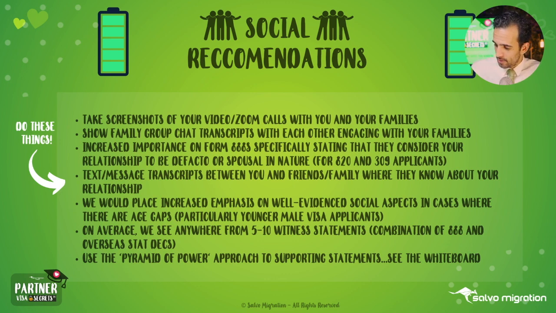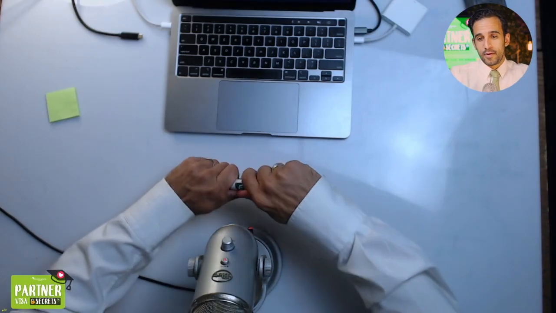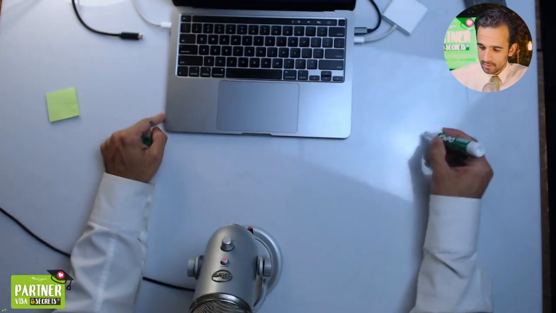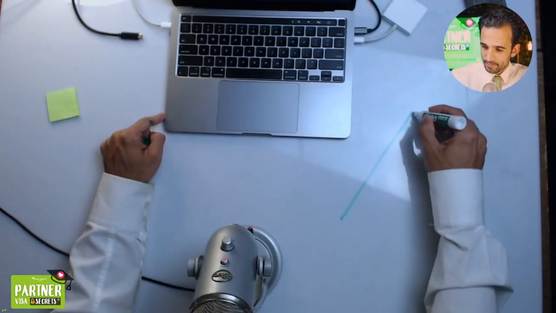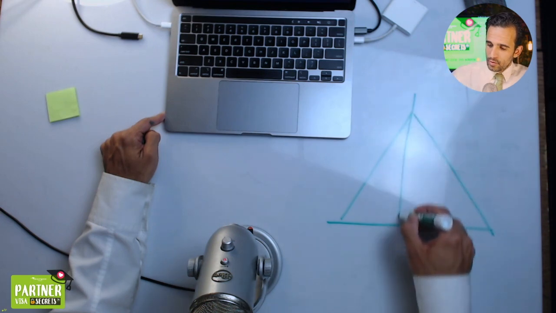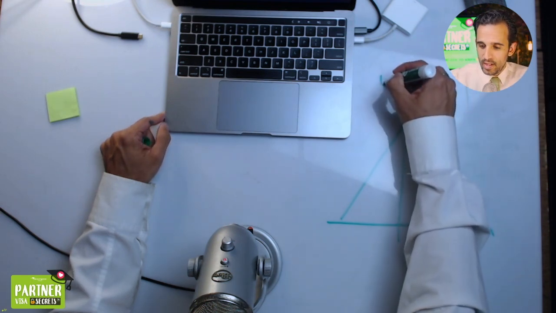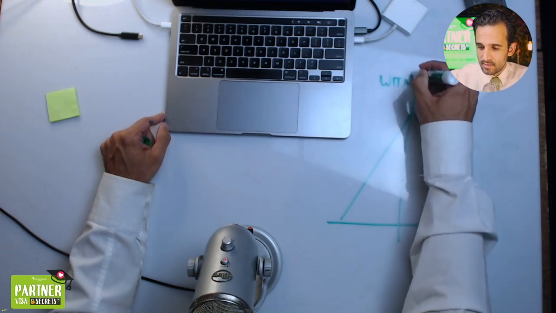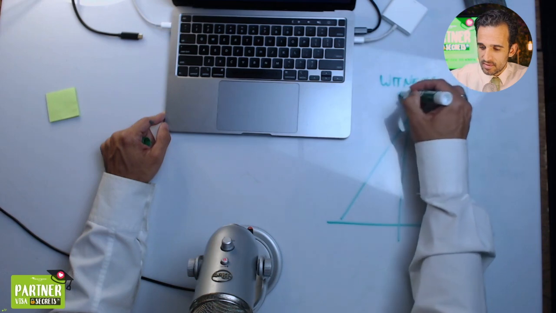See whiteboard. Okay, let's get into the whiteboard. Pyramid of power, as I've called it. What we're talking about here are witness statements.